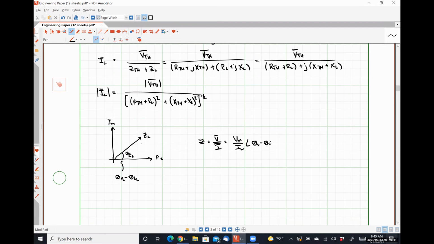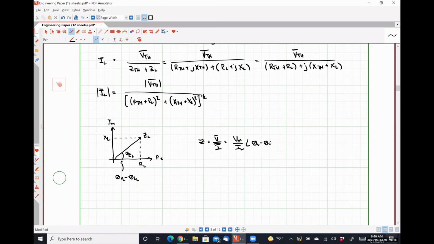So the projection of my impedance onto the real axis gives me my resistance RL, and the projection of my impedance onto the imaginary axis gives me my reactance XL, right? So based on this, what can I say about what the cosine of theta V minus theta I has to be?